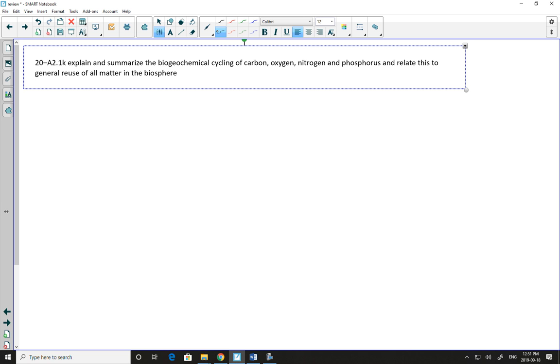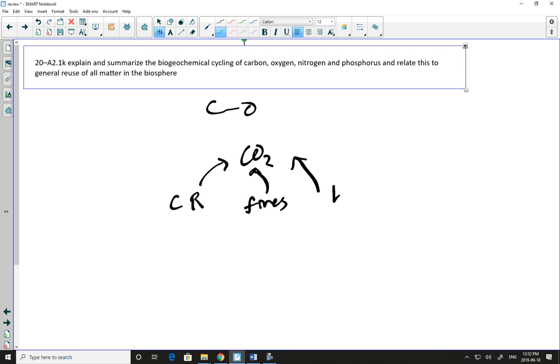So in the carbon-oxygen cycle, anything that releases carbon dioxide into the atmosphere is included. So what sort of things do this? Cellular respiration, forest fires, yeah, burning fossil fuels, decomposition, which is still similar to cellular respiration, but I'm going to include it anyway.